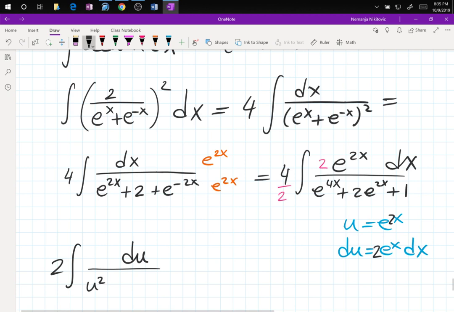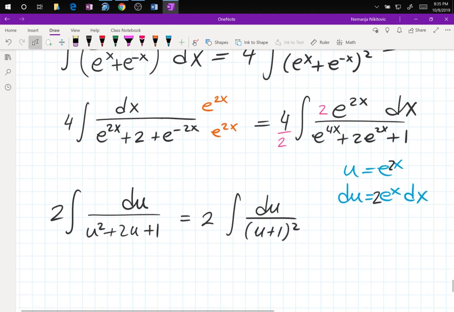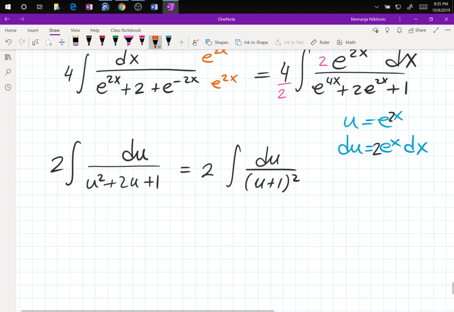U squared plus 2u plus 1. Nice. And now can we do anything here? This is u plus 1 squared. And then, as I said, g substitution.